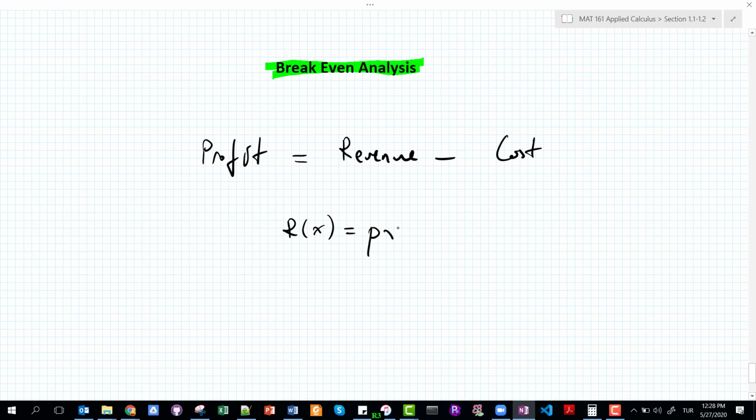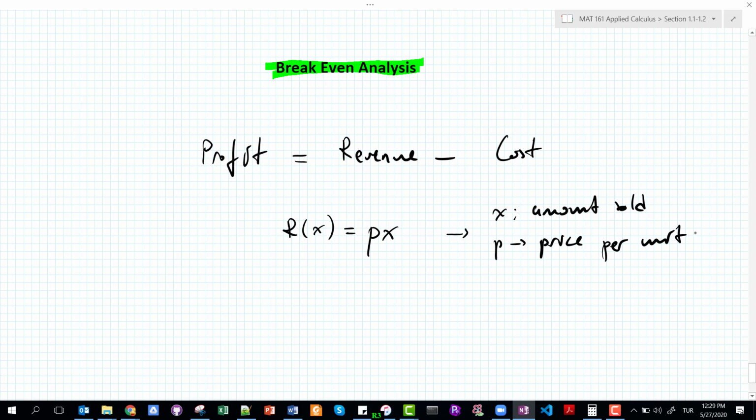So this is basically just a linear function without any additional constant. Here, x is the amount sold of that quantity, and P is the price per unit. If you multiply these two amounts, of course you get the revenue.